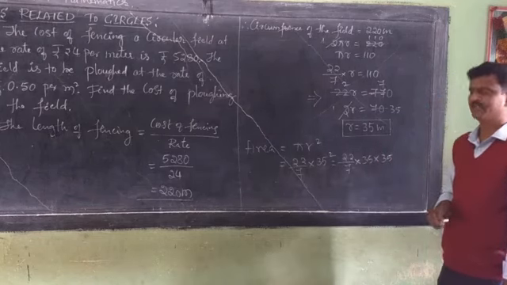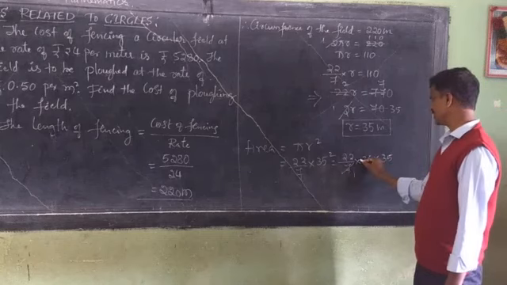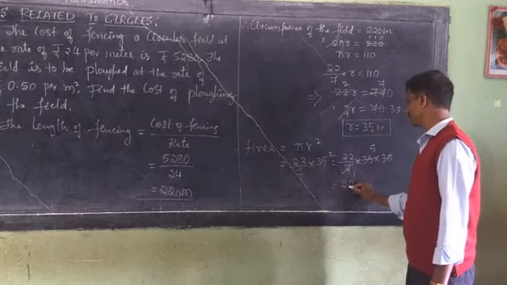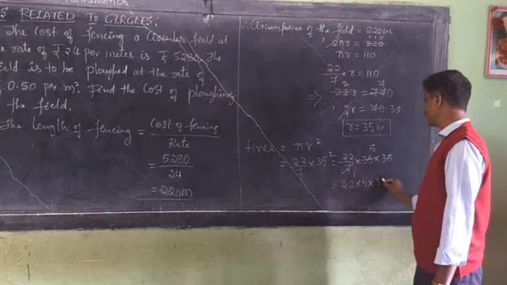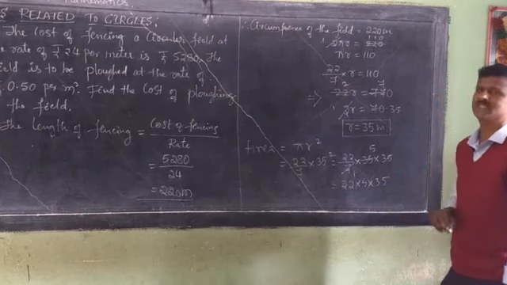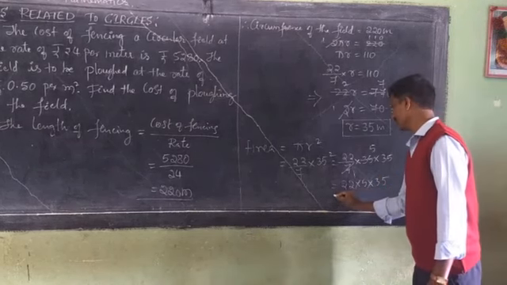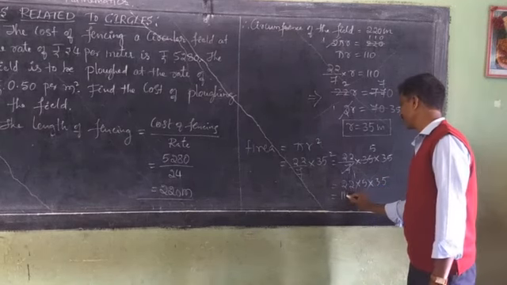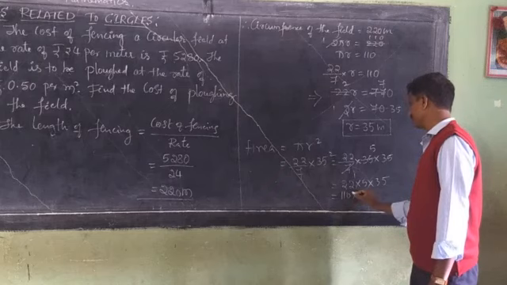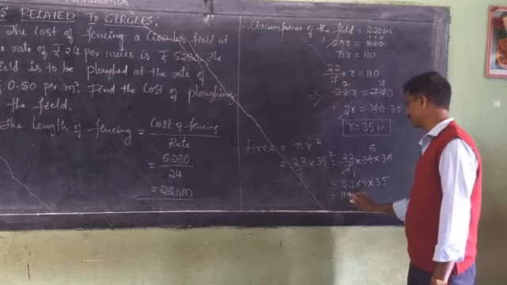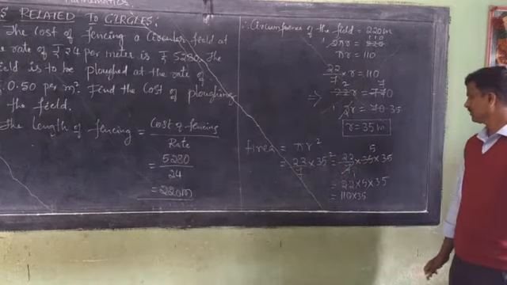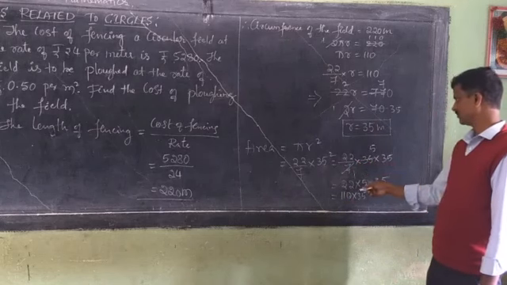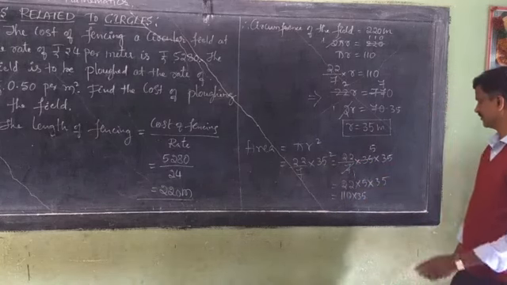Seven fives are 35, so it is 22 into 5 into 35. 22 into 5 is 110.